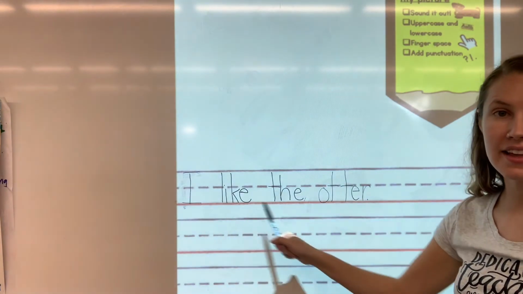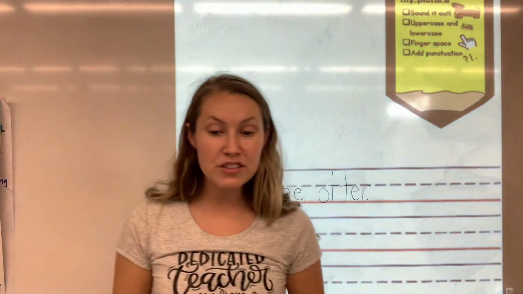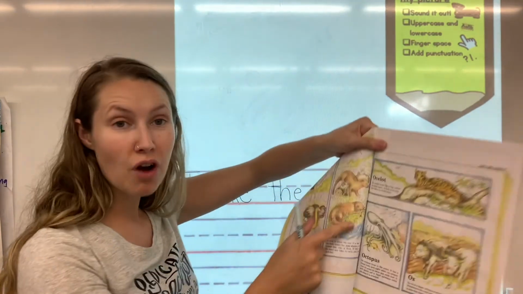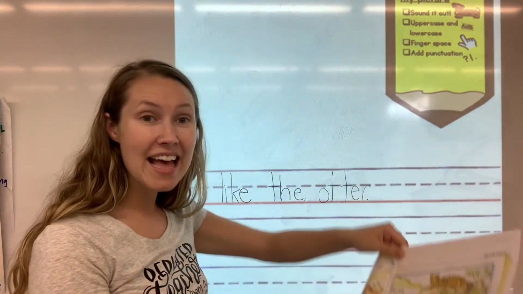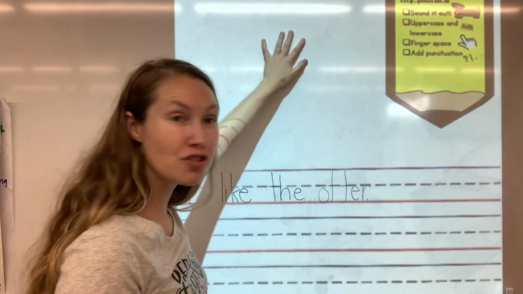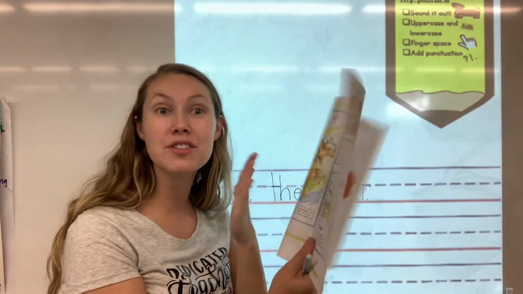I like the otter. Now I am going to also use this picture to help me draw the otter. Maybe you're not sure how to draw these animals, but Oswald's Book of Odd Animals can help you. So I'm going to draw my otter, and then I'll come back and I'll show you how I use the picture to help me.